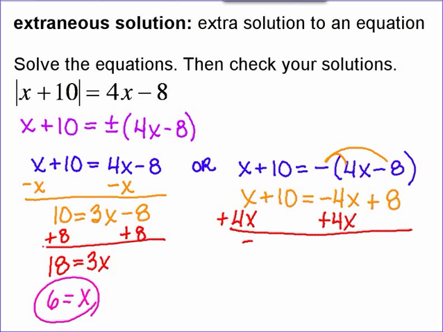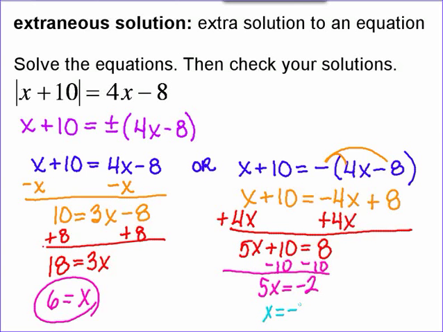So I end up getting 5x plus 10 equals 8. What do you do now? Minus 10. Okay. So I get 5x to equal negative 2. And then I get x to equal negative 2/5.